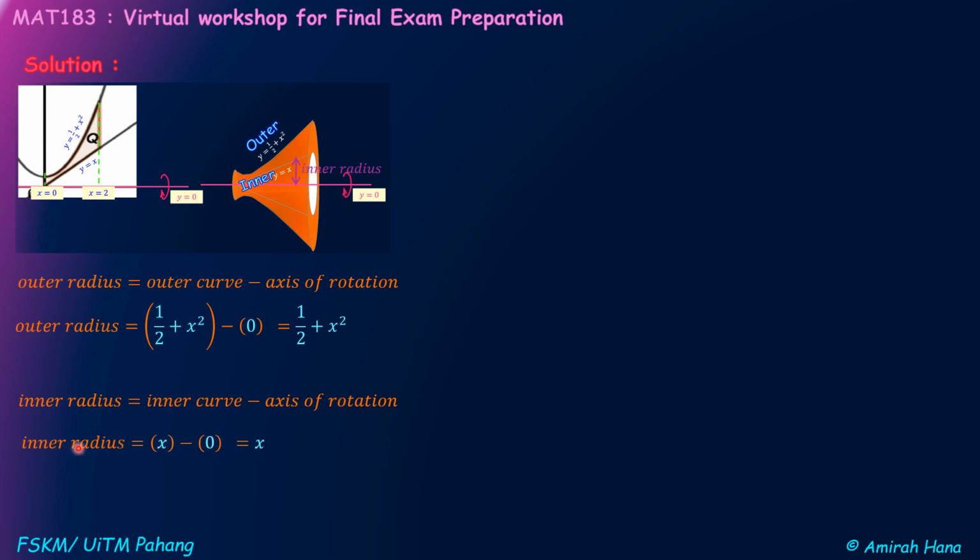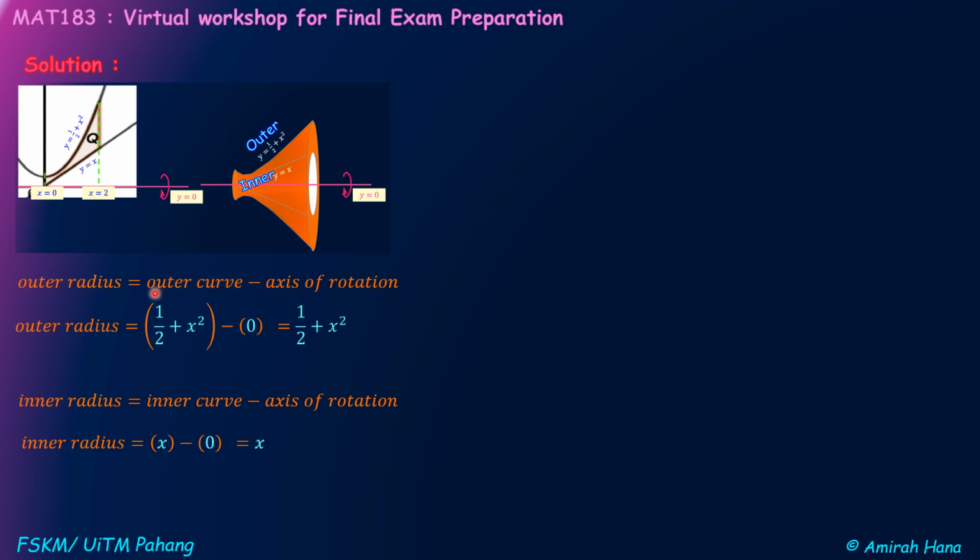And then we replace inner curve equals to x, and then minus axis of rotation equals to 0. Okay, before that, we check y as a subject so that we can subtract x and 0 here, right? Then we simplify, so we have inner radius equals to x, right?